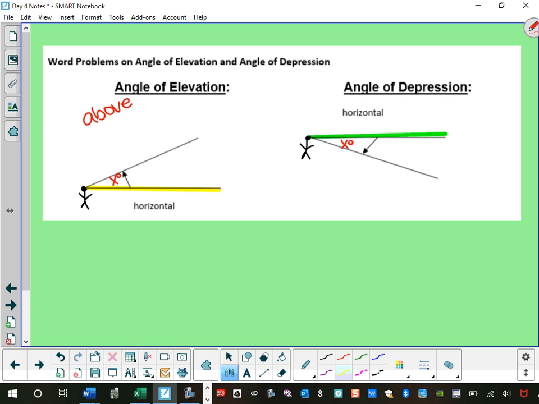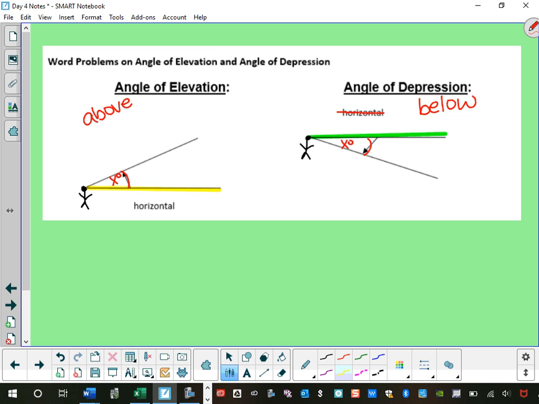Below. How that works there. Alright, so just think about your angles.